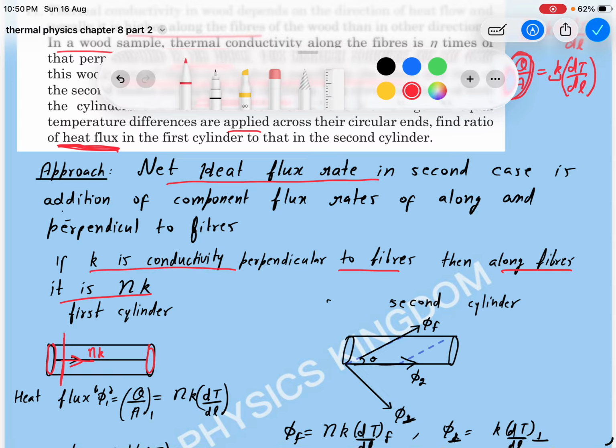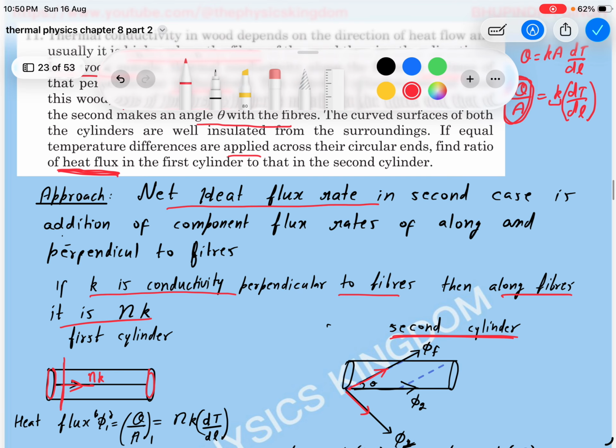So in the second cylinder, the difference which is not normal in our JEE books is this: the fiber direction is at some angle theta with the axis of the cylinder. So along this the flux can be different, and perpendicular to it the flux can be different, right. So our approach to the question should be that only. In the second case we need to take a component of both the fluxes, right.